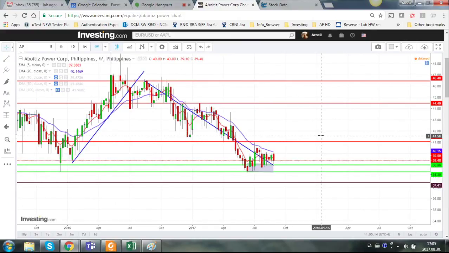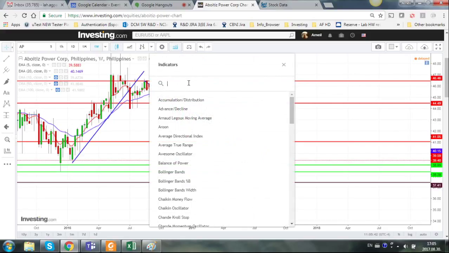That is where buyers come in, because the stock price is already cheap. How do we find out if it is oversold or overbought? If it is overbought, the stock is already too expensive, relatively expensive. In that case, sellers are coming in, which leads to a sell-off of the stock. The price will go down because many will sell. So how do we find that? Using RSI.